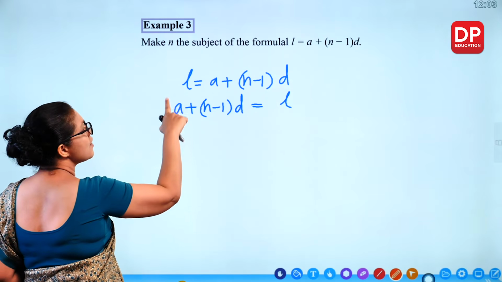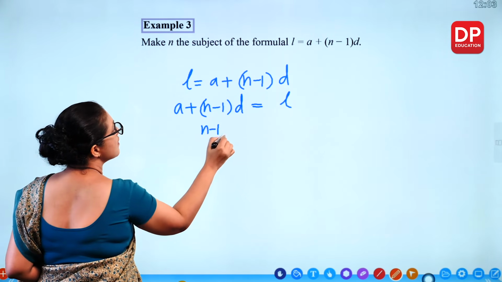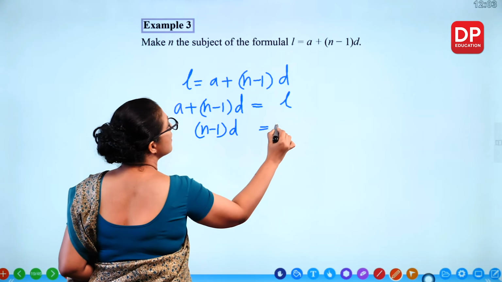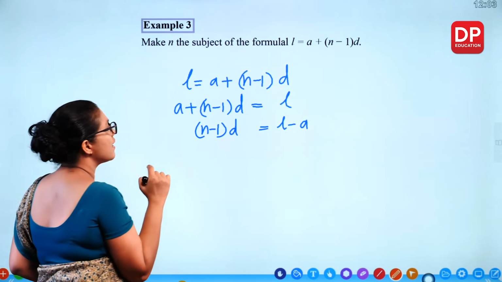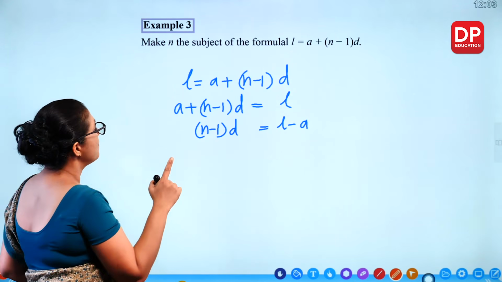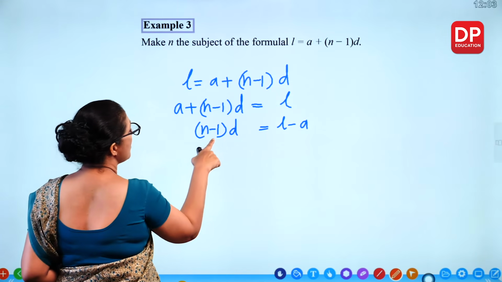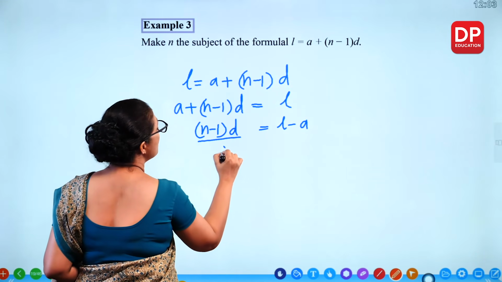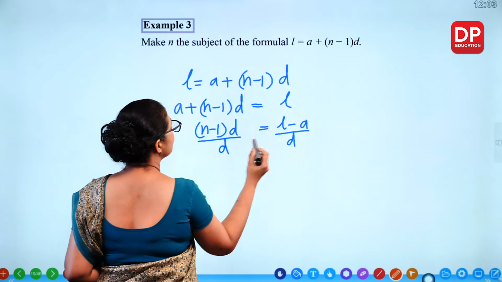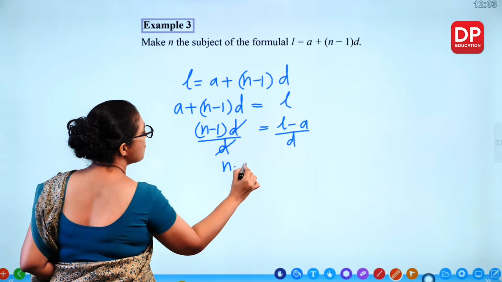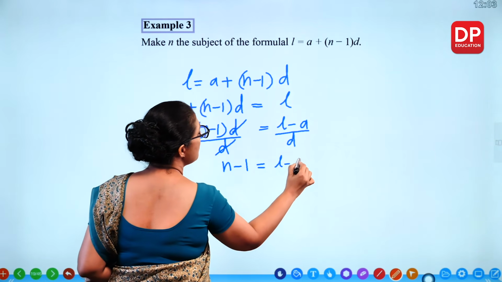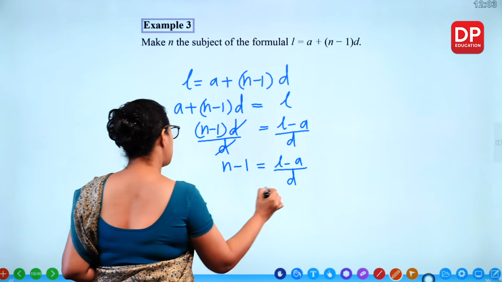I need to take A to the other side. L minus A. Subtract A. Then I need to keep this one here. So divide both sides by D. N minus 1 equals L minus A over D.